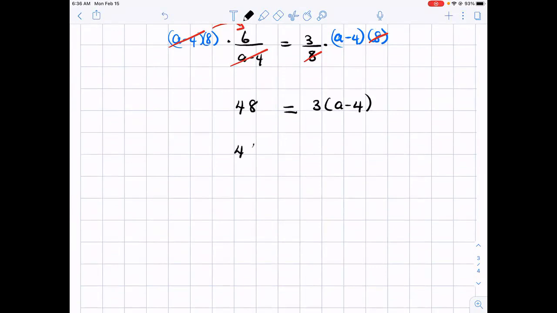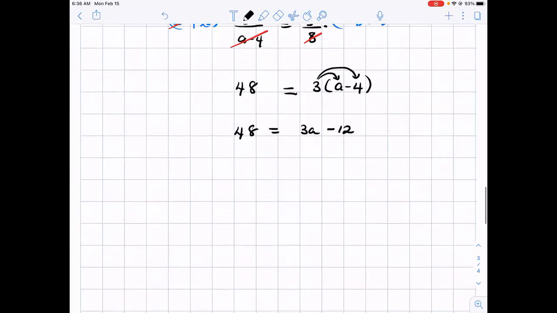So we have 48 is equal to 3 times a is 3a, and 3 times minus 4 is minus 12. If we now solve for a, we're going to add 12 to both sides.